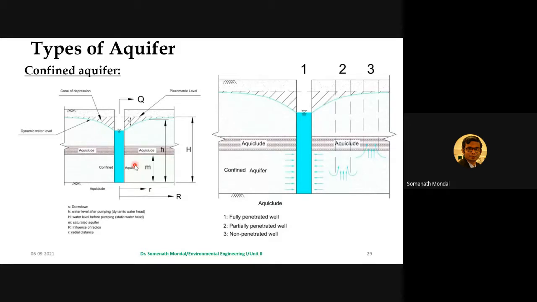So the pressure can either be equal to or greater than the atmospheric pressure, and a confined aquifer cannot be recharged directly by infiltration. So you should be able to understand that a confined aquifer cannot be recharged directly. There has to be some connection with an unconfined aquifer, through which the confined aquifer can get recharged.